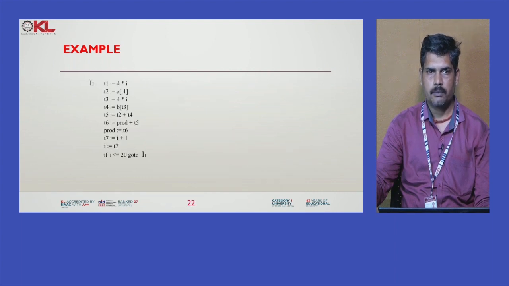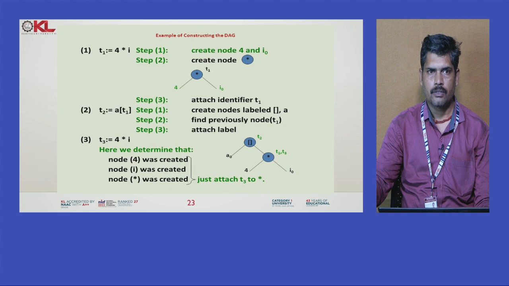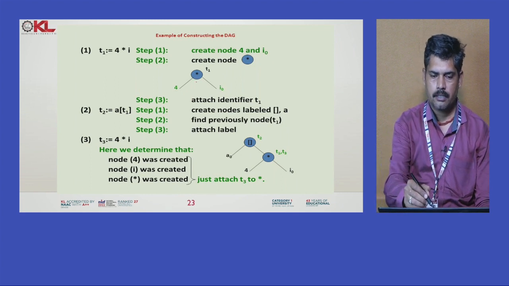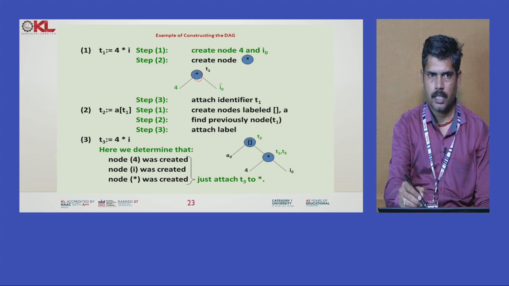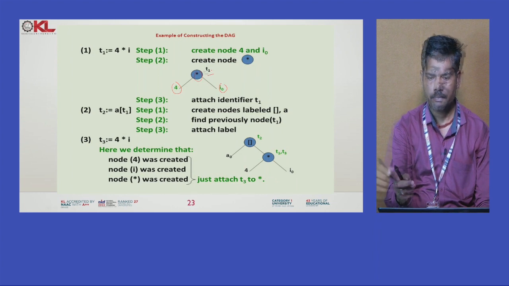This is another example, using arrays. Here t1 is 4 into i, where the operator is the star mark, and the value 4 and i give t1.